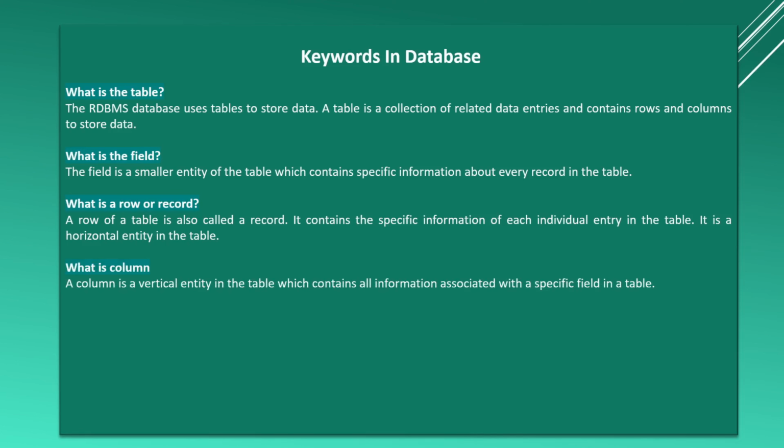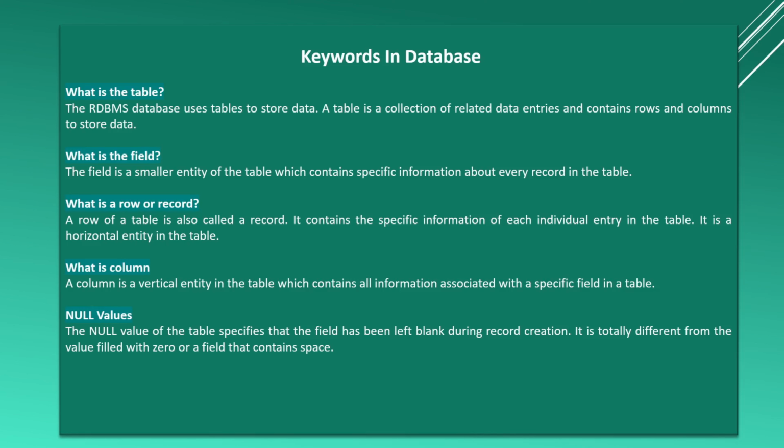What is column? A column is a vertical entity in the table which contains all the information associated with a specific field in the table. Next is null value. The null value of the table specifies that the field has been left blank during the inserting of the record.